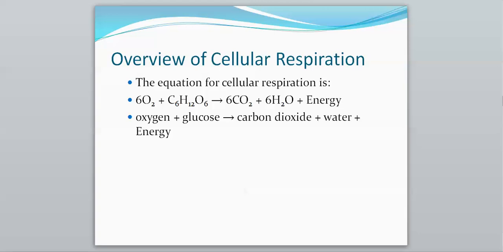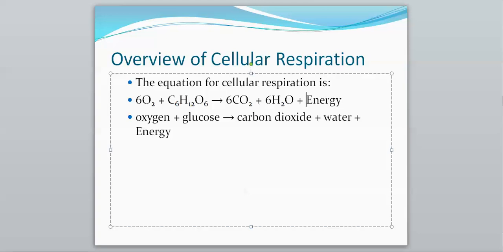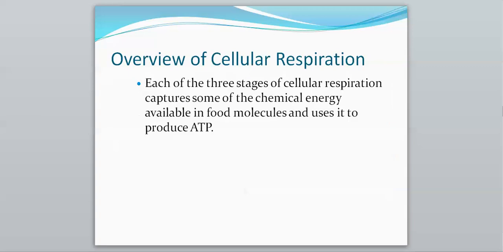Plants take in carbon dioxide, water, and energy, the energy being sunlight, and they make oxygen and glucose. That's a neat correlation between us and autotrophic organisms. The same materials are used, but in almost completely opposite ways. So that is our equation for cellular respiration, remember that.